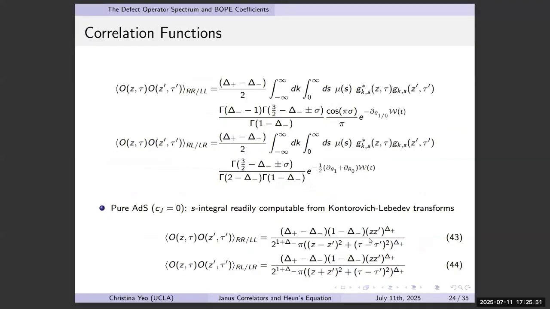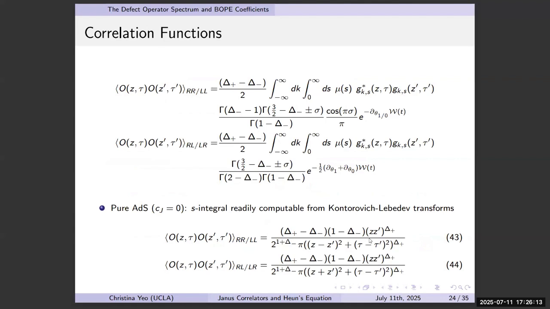After we put in the parameters of our problem, it takes this form. As expected, the right and left correlators look very similar, and they match exactly when the defect is trivial, because then this factor just goes away and becomes 1. When the deformation is turned on, everything else is the same except for this normalization factor.